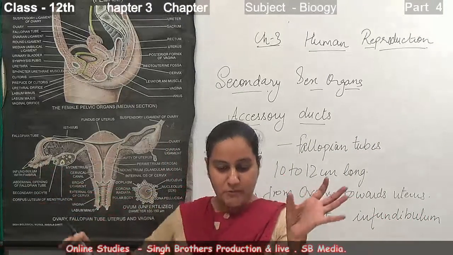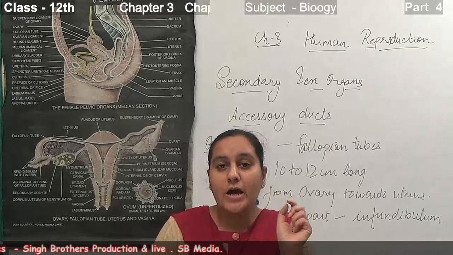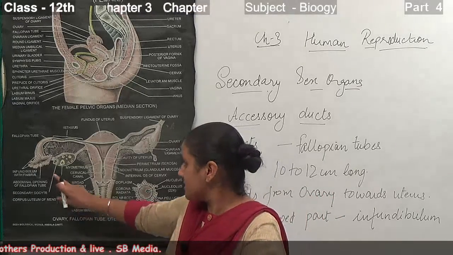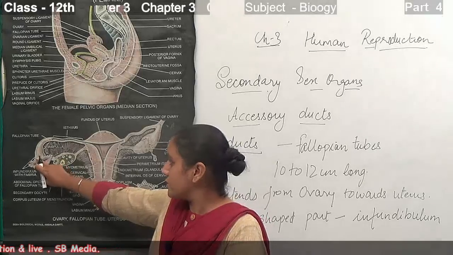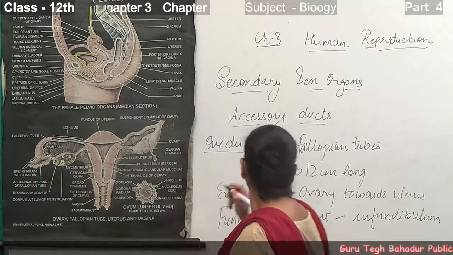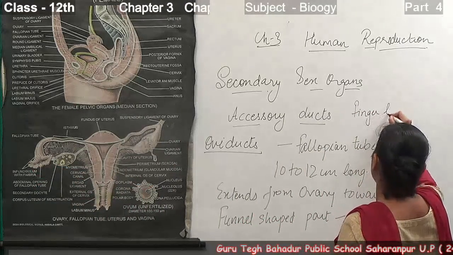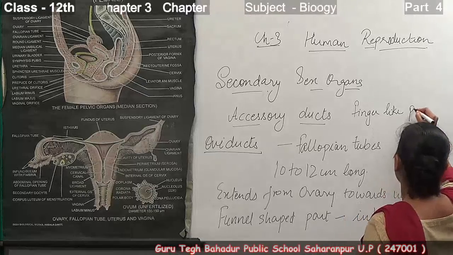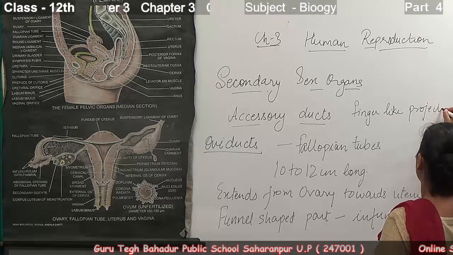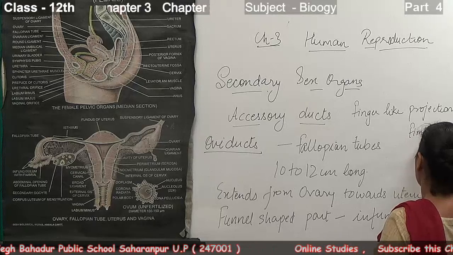Now the funnel shaped part towards the ovary is the infundibulum and there are finger like projections. See, here are the finger like projections that are known as fimbriae.